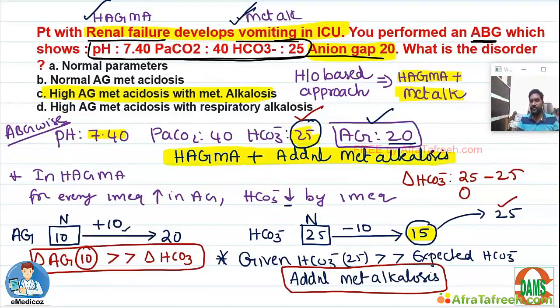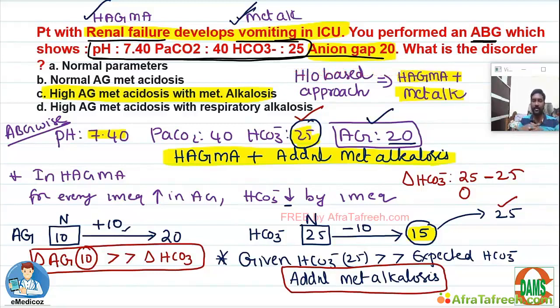This is nothing but an extra relation derived from what we have seen up to now. The concept you have learned is the same. The extra point we are seeing here is that in the given question, the change in anion gap is very much higher compared to the change in bicarbonate. Anion gap has increased, but bicarbonate is not falling down proportionately. So delta anion gap is more than delta bicarbonate.